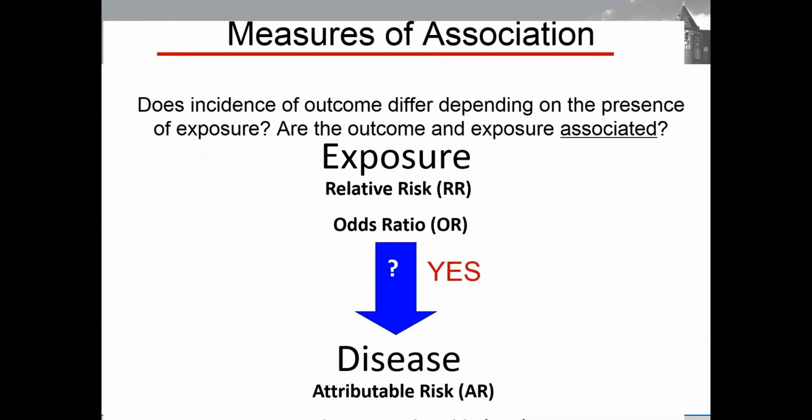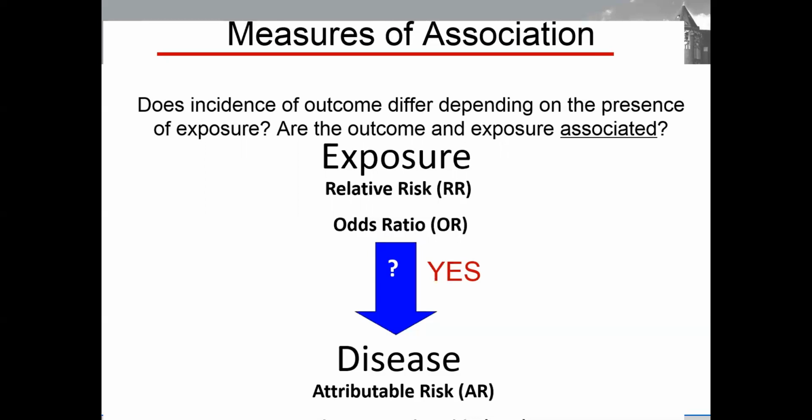Then if someone develops a disease because they have been exposed to an exposure, we want to get the attributable risk. What is the contribution of the exposure towards developing the disease? That is the attributable risk.